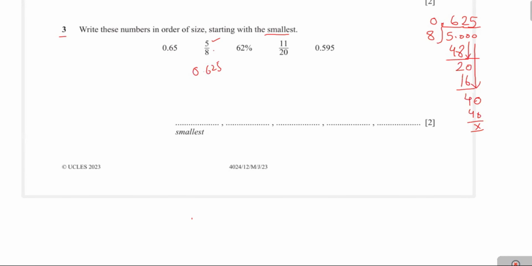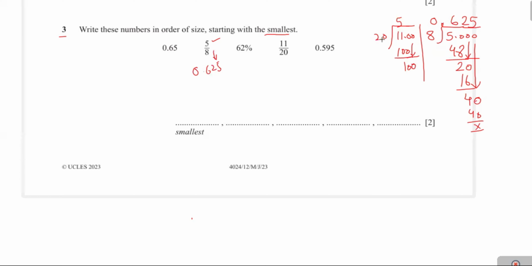This number is 0.625. Next is 11 over 20. We can write it as 11.00. And 11 times 5 is 100. Now 110 minus 100 is 10 and 0 is shifted from the top to here.